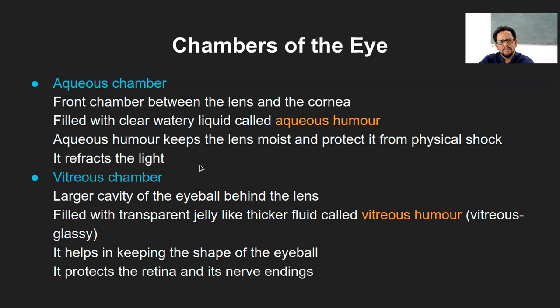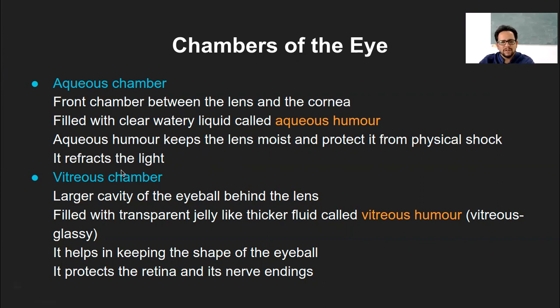And again, the main function of this aqueous humor is to keep the lens moist and protect it from physical shock. And it refracts the light. That is another function, refraction of light, so that the signal can be translated into usable information by the retinal structure.